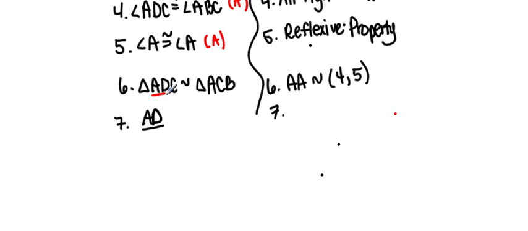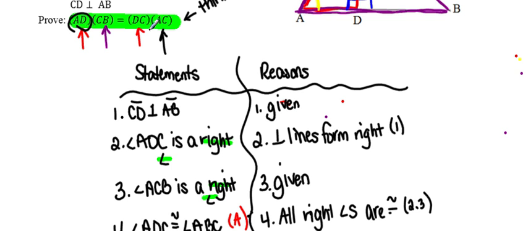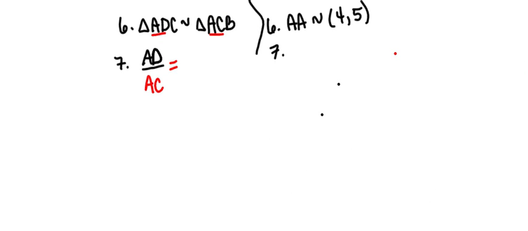AD in the first triangle will correspond to AC in the second triangle. And the other pair of sides I've got to get in there is CB and DC. So DC in the first triangle will correspond to CB in the second triangle.